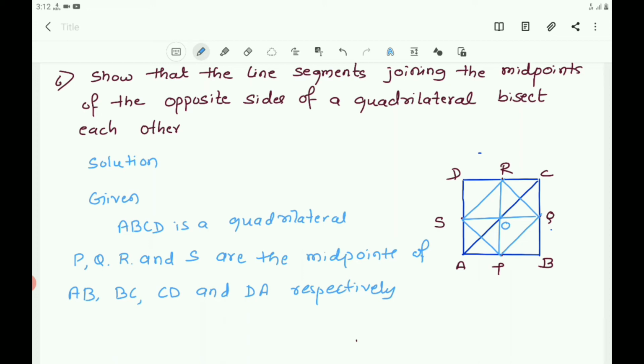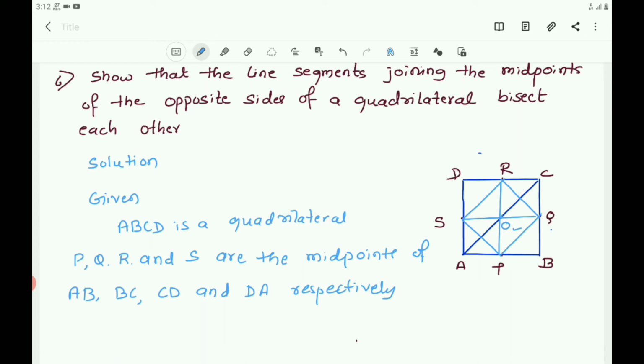Here you know that diagonals of a parallelogram bisect each other. If you prove that PQRS is a parallelogram, PR and SQ are the diagonals of PQRS and diagonals of a parallelogram bisect each other.